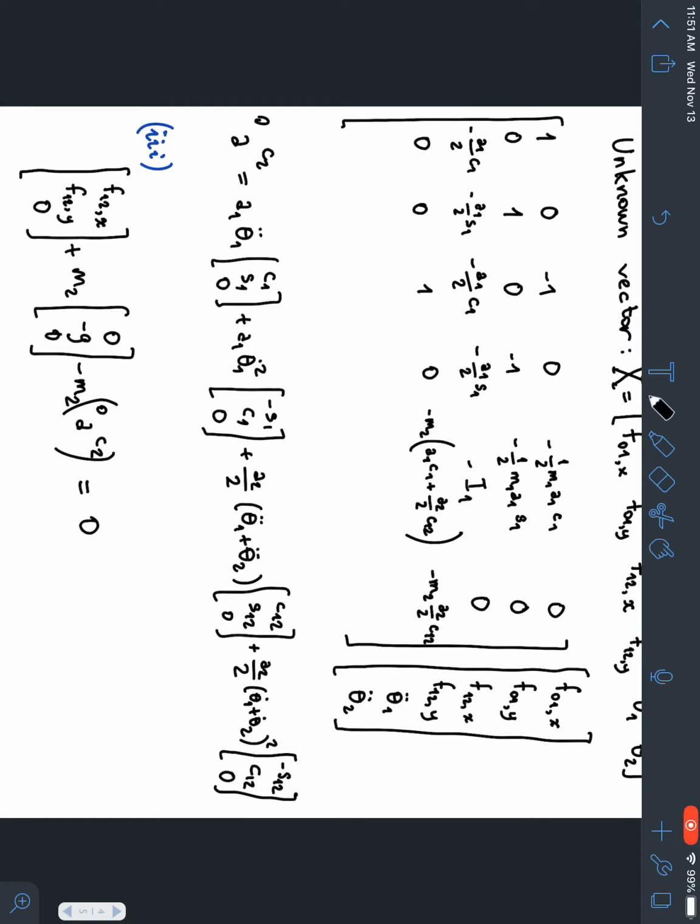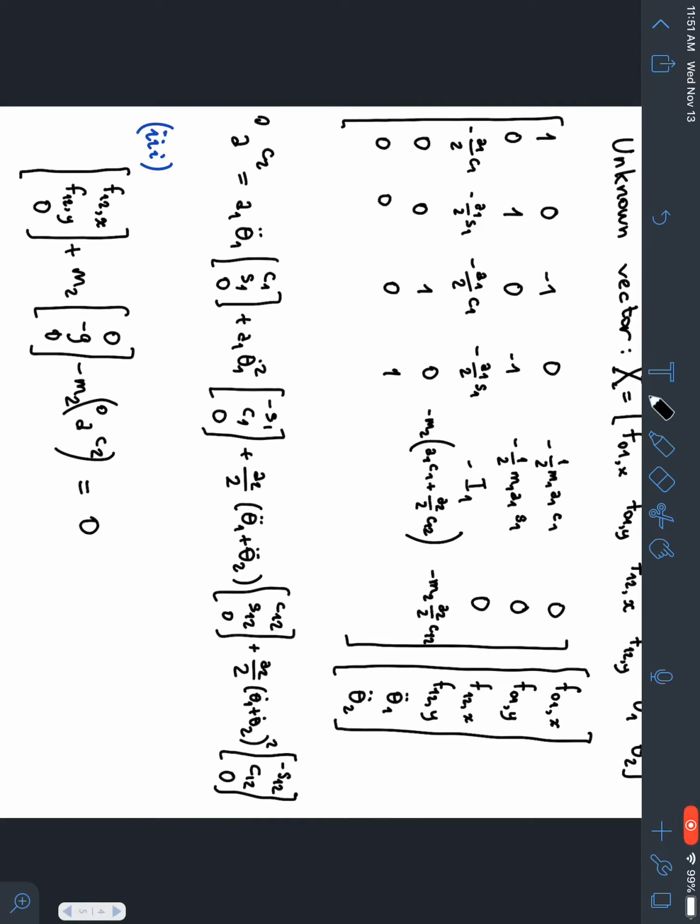That's great. Okay, now let's look at the second equation in here and write it as the fifth row over here. What is the coefficient of f01x and f01y? Those are both zeros. Coefficient of f12x is 0, f12y is 1. The coefficient of theta 1 double dot, again, comes from this term here and that term there.